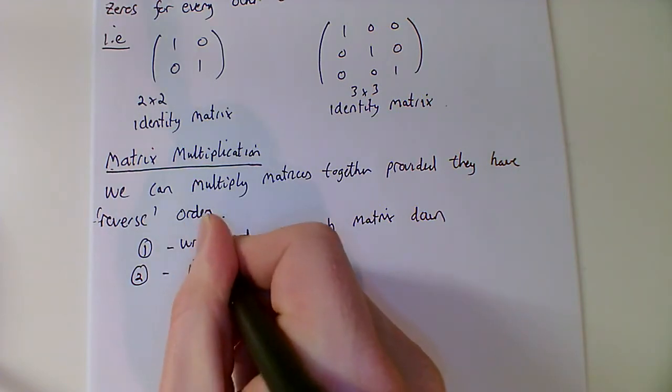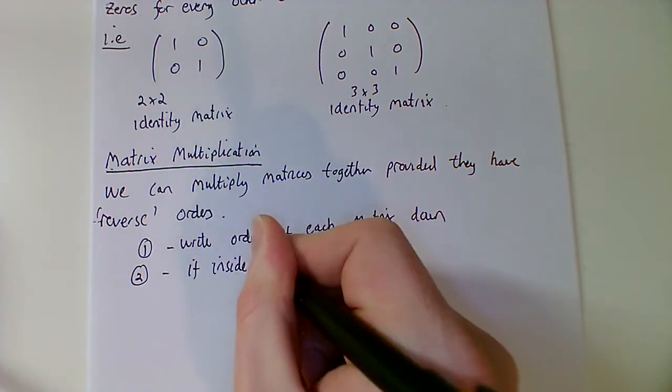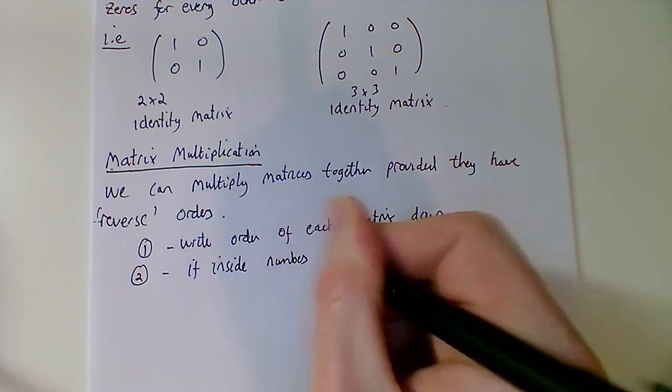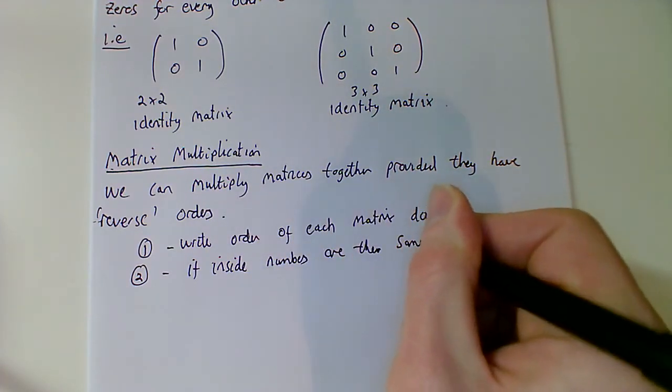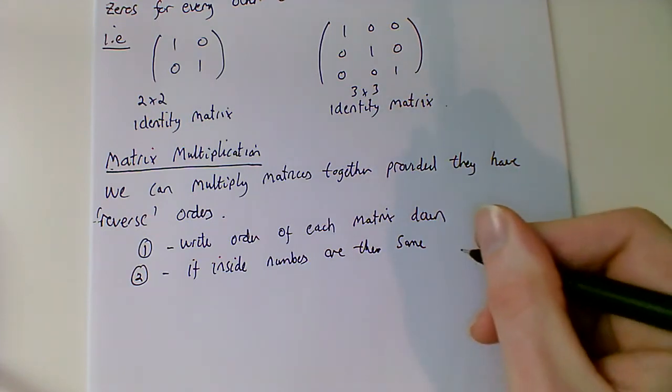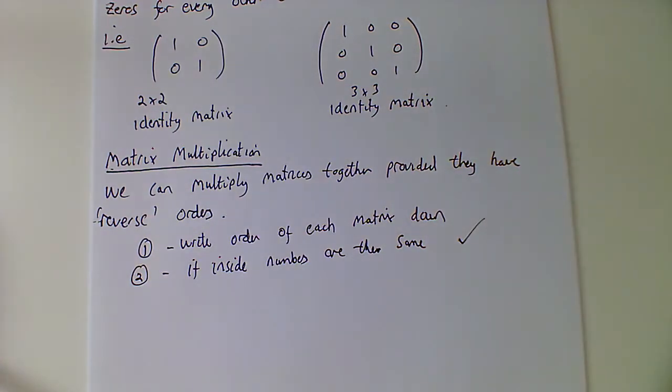If the inside numbers are the same, then we can continue, we can multiply them. If they're not the same, we say they do not conform. But I'll show you an example of that.